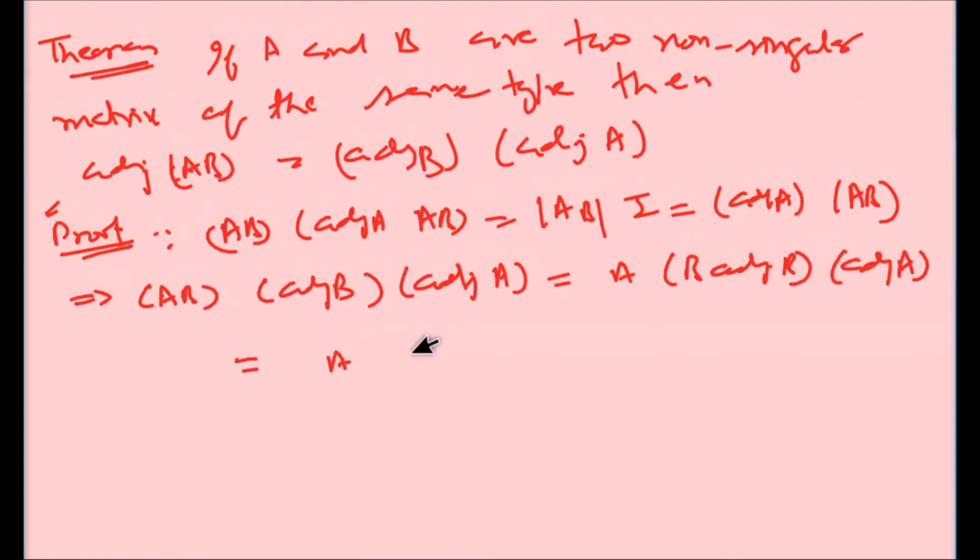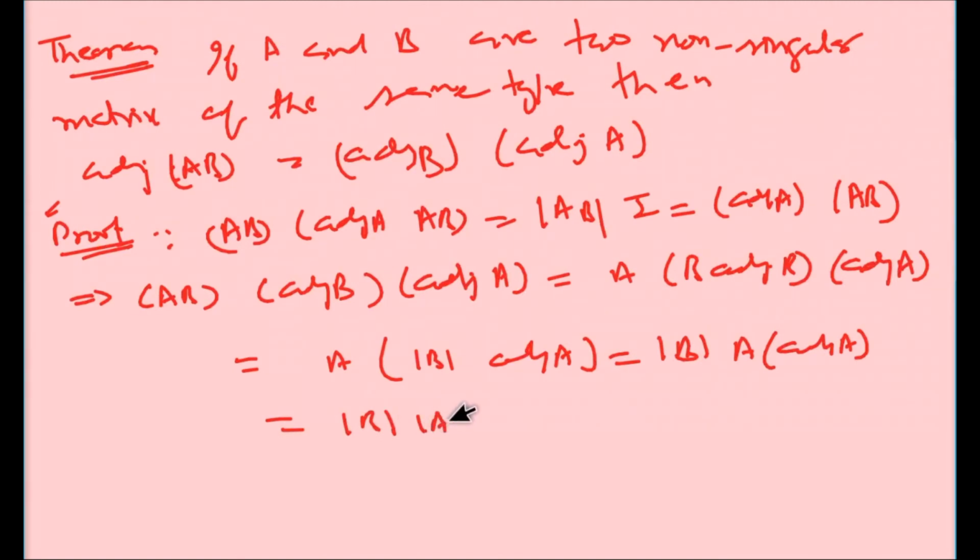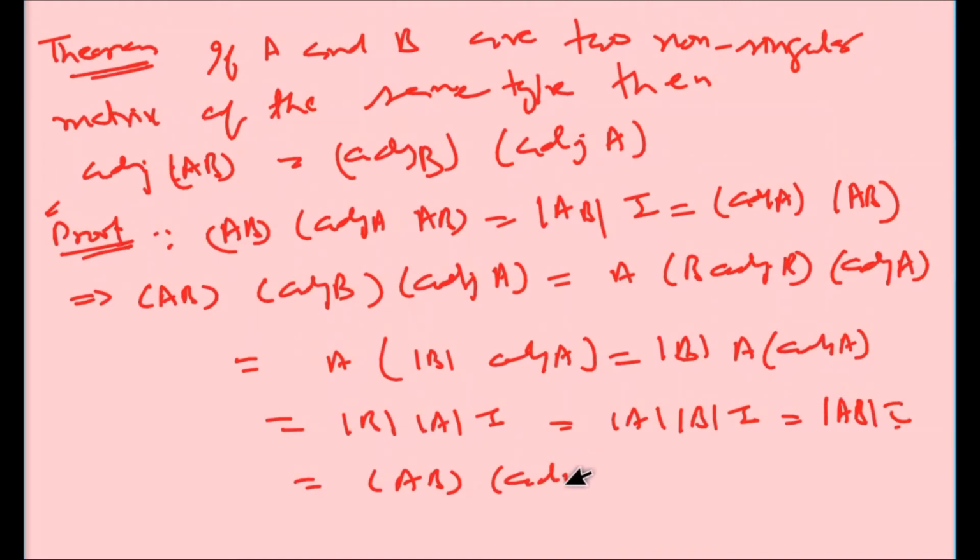Then the value of this is determinant B adjoint A. Now we can write determinant B, A adjoint A, and again determinant B and determinant A I equals determinant A determinant B I, which equals determinant of AB I, the product of determinants. So we can write this as AB adjoint AB.